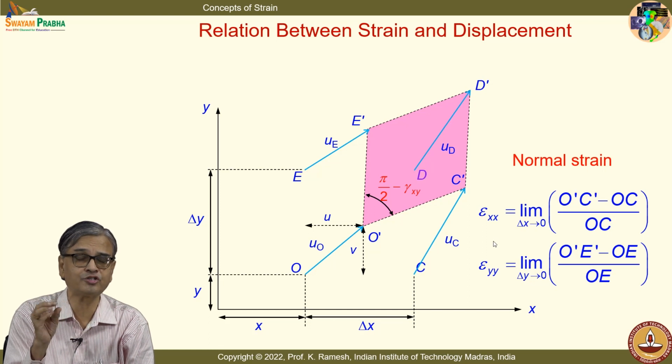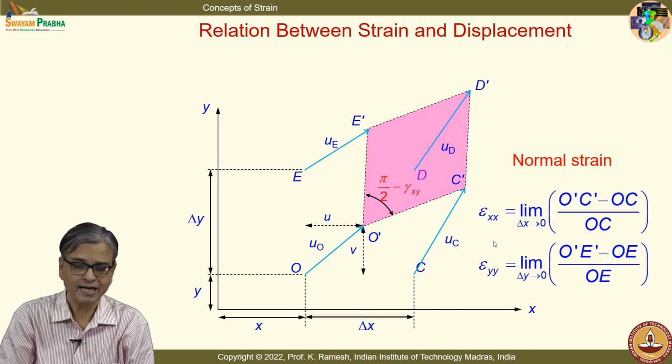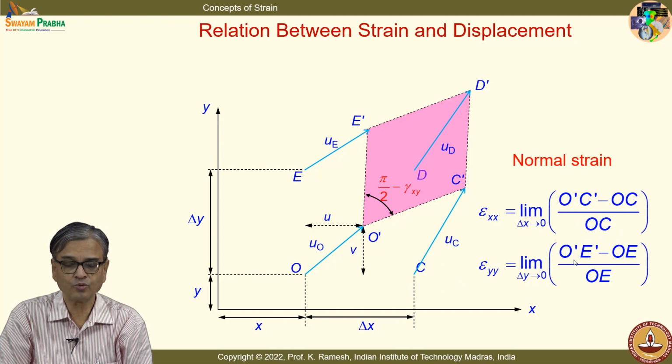When the limit goes to 0, we also exploit the continuum nature of the material. That is the assumption we have made, that it is an elastic continuum. Otherwise, I cannot write this limiting process. So, the change in length is O prime C prime minus OC, and the original length is OC. And epsilon YY is O prime E prime minus OE divided by OE.